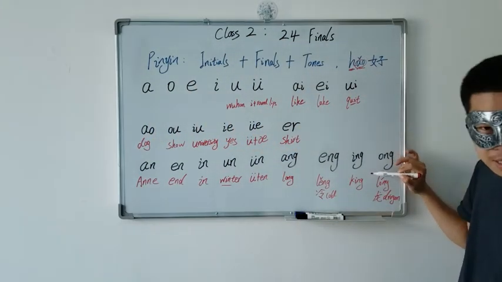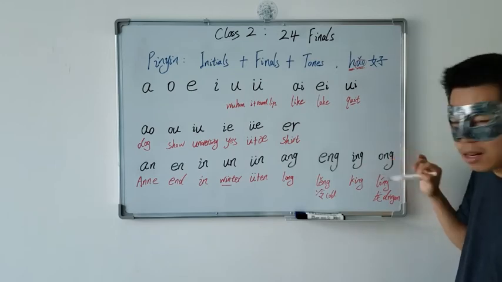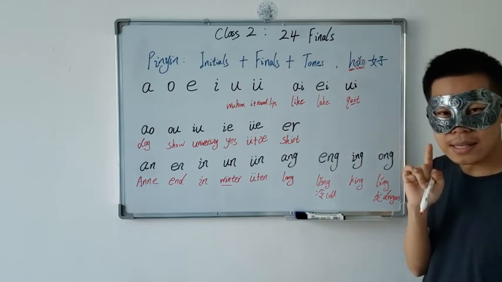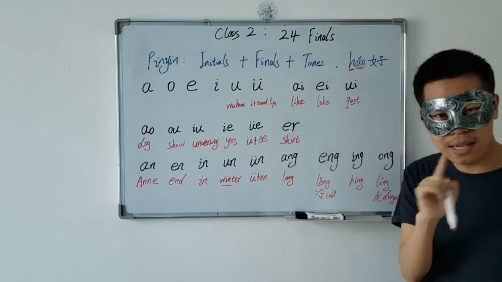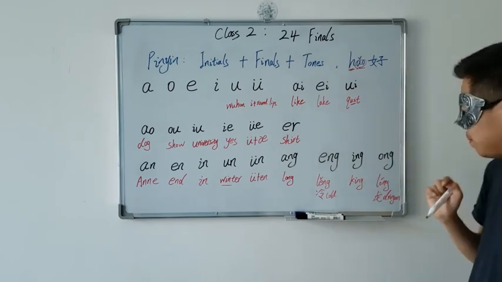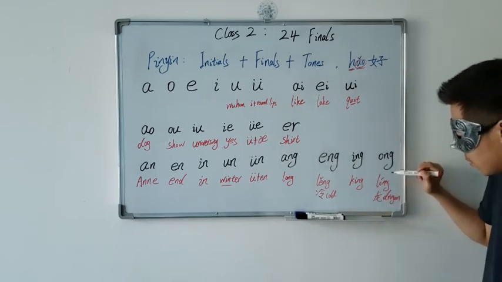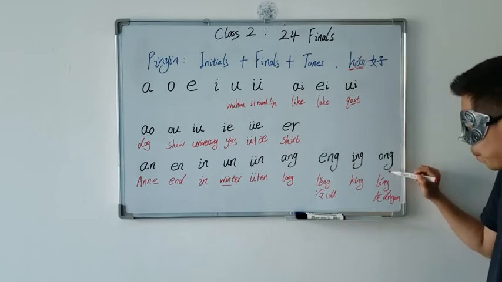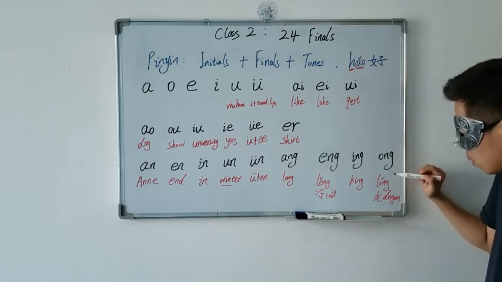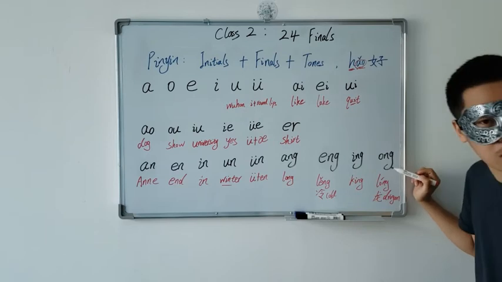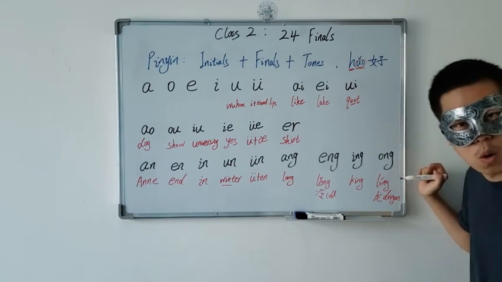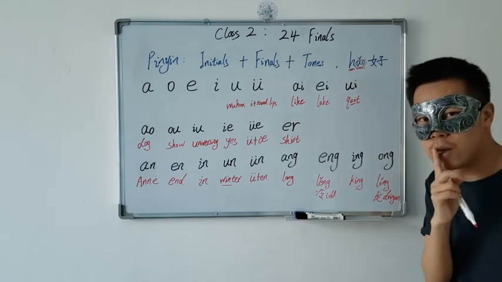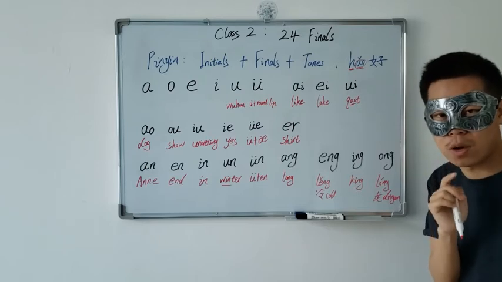The next one is easy. Also with your nose. Like king with your nose. The last one, also with your nose. Your lips like a circle.